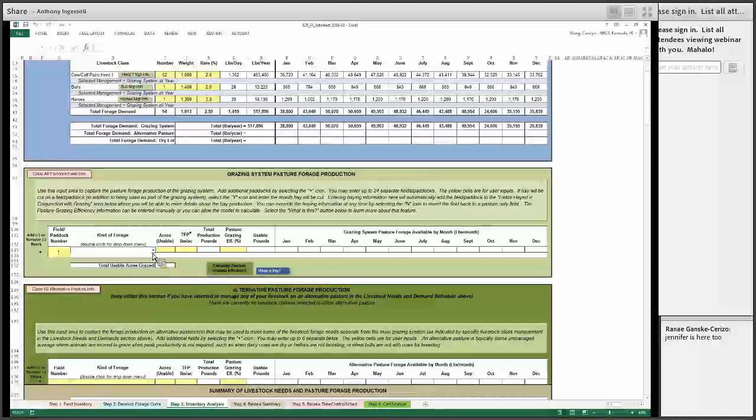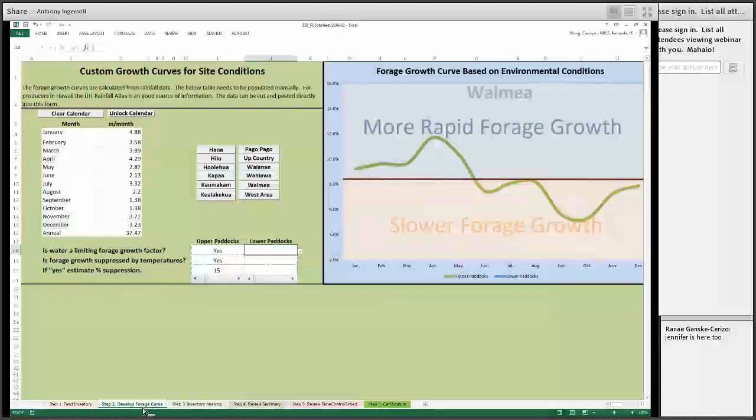That correlates with this first tab on whether you identify these as upper paddocks or lower paddocks. This is set up such that if you have a ranch operation that's so large, it goes across zones to where you might have differences in forage growth between upper and lower. So the main thing to know is whichever one of these you populate, make sure that's the forage type that you select.